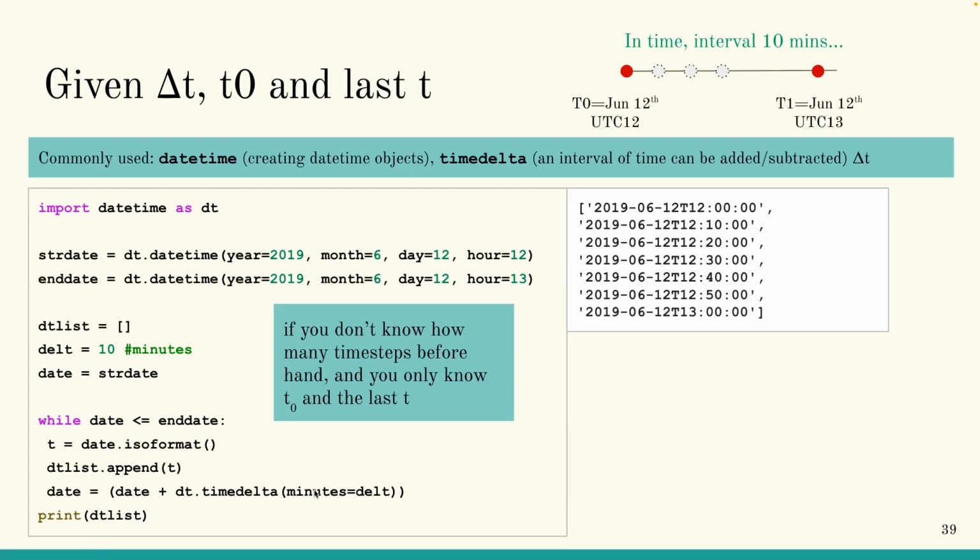We sometimes need to use the name argument. We have decided that the delta T would be 10 minutes, so minutes equal to 10 here. So we move forward in time. If you don't understand, it's fine. Just use this while loop to make a list of time.